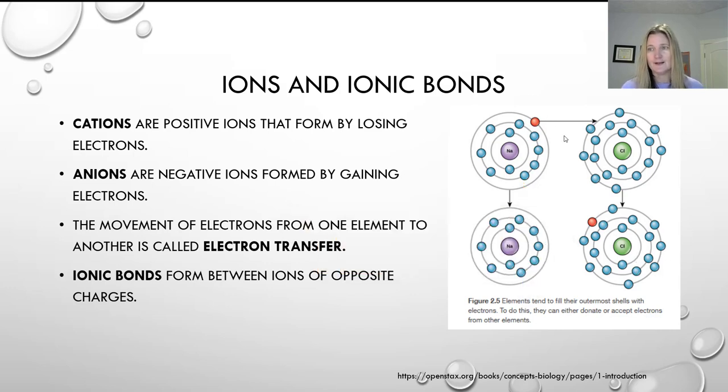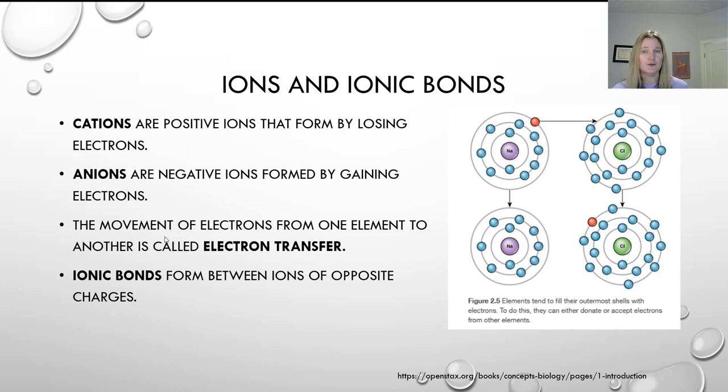And the transfer of that electron is known as electron transfer, the movement of electrons from one element to another. In this case, this chemical bond that is formed between these two atoms is known as an ionic bond. So an ionic bond is when we have two ions basically transferring electrons between each other.